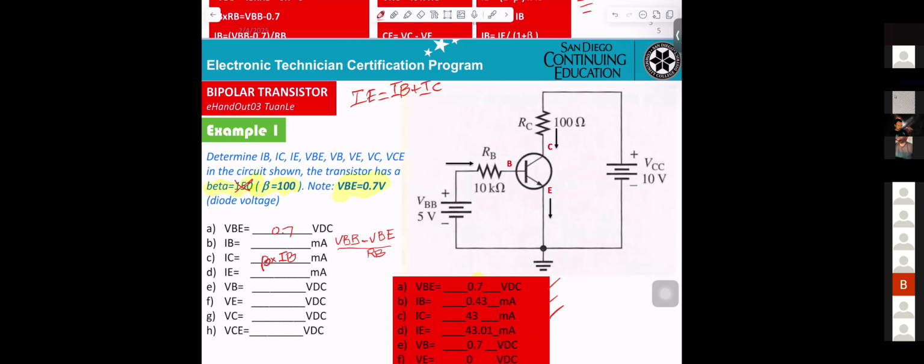Remember, we want you to use the other one: one plus beta times IB. Okay.